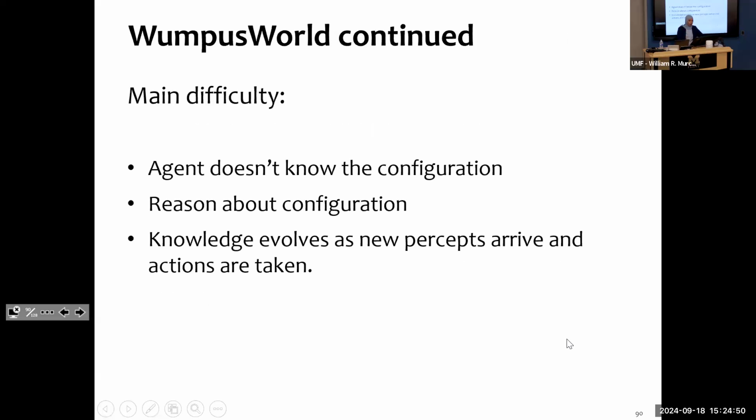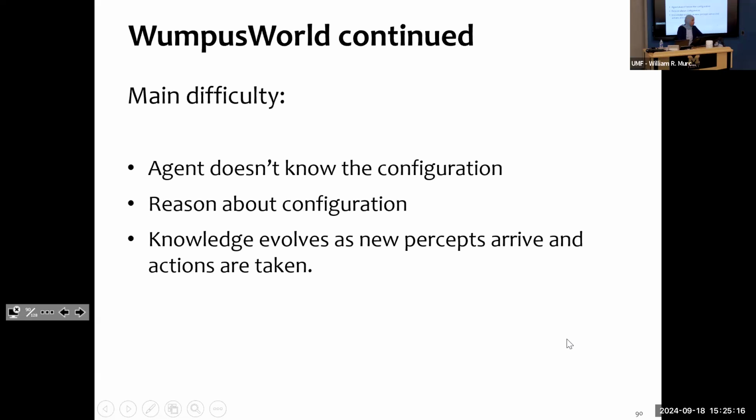Okay, so now we have the main challenges that the agent may face. First of all, it doesn't know the configuration. Also, how to reason about this configuration is a challenge. The knowledge evolves as new percepts arrive and actions are taken.